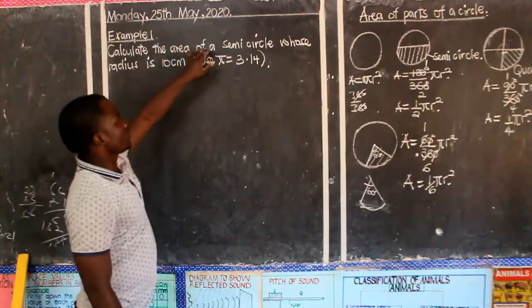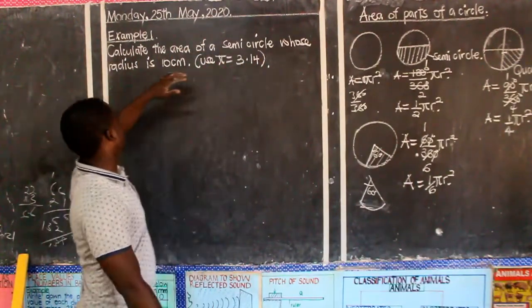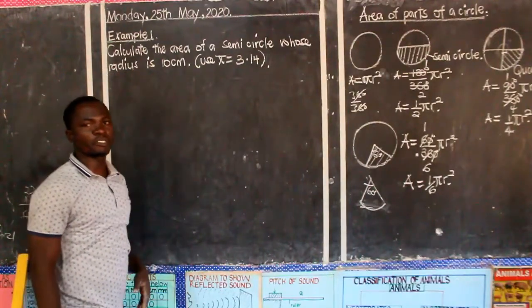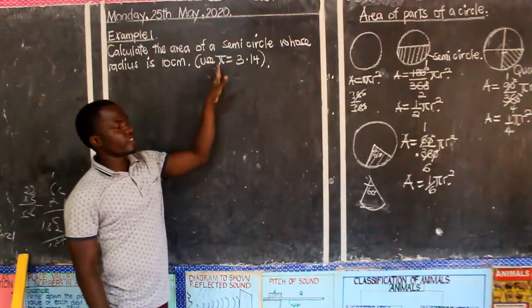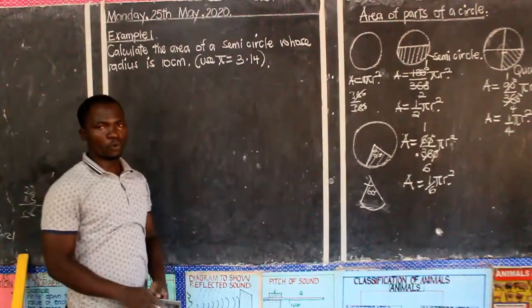Calculate the area of a semicircle whose radius is 10 centimeters and the pi given is 3.14.